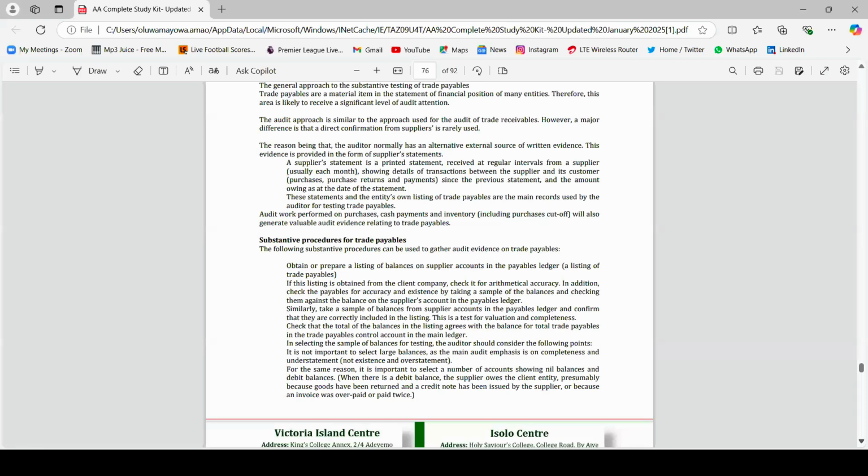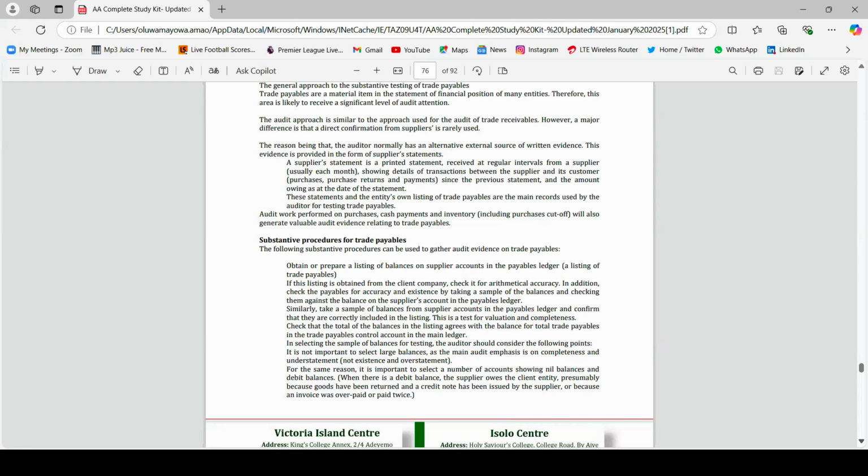You can send a confirmation request to find out if the client is actually owing or not. And you see some that say we are owing big money. You just take random suppliers' accounts to verify the balance. And once you note any discrepancy or misstatement, that's the area you will focus on. Use that to escalate and look at all other suppliers' accounts.